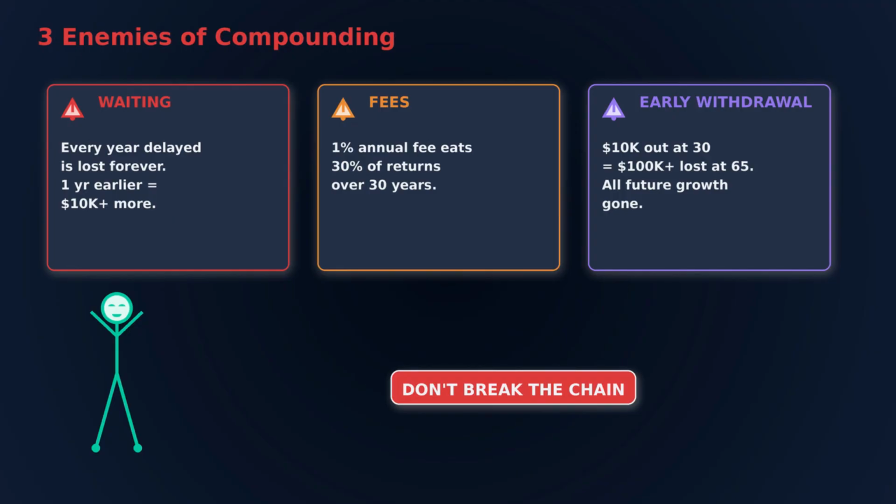Third, withdrawing early. When you pull money out of your investments, you don't just lose that amount, you lose all the future compound growth it would have generated. A $10,000 withdrawal at age 30 isn't just $10,000. At 7% over 35 years, it's actually over $100,000 of lost future wealth.